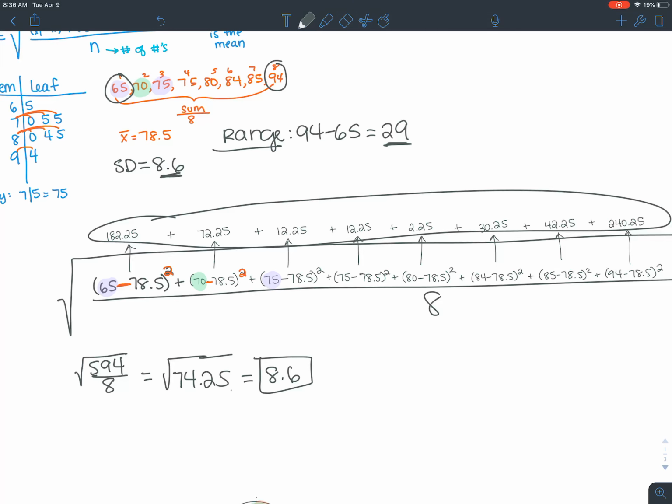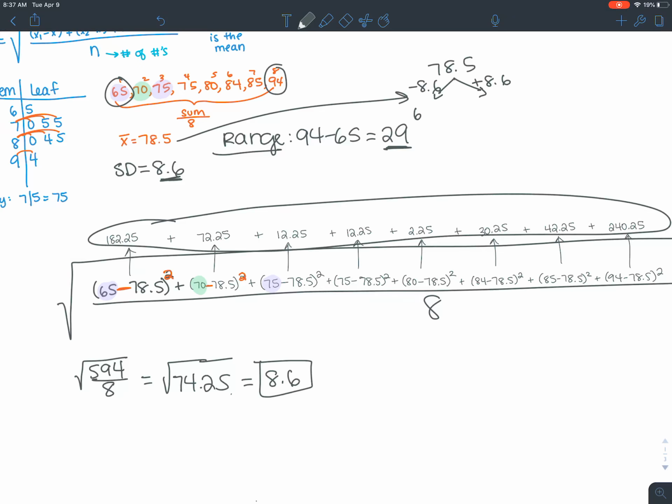So if we take our average, 78.5, and I add one standard deviation and subtract one standard deviation, it gives me two numbers. 78.5 minus 8.6 is 69.9, and 78.5 plus 8.6 is 87.1. Roughly 70% of numbers will be between these.